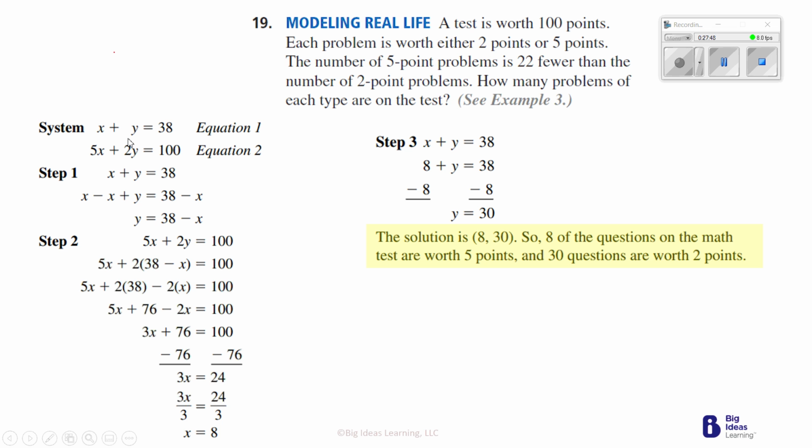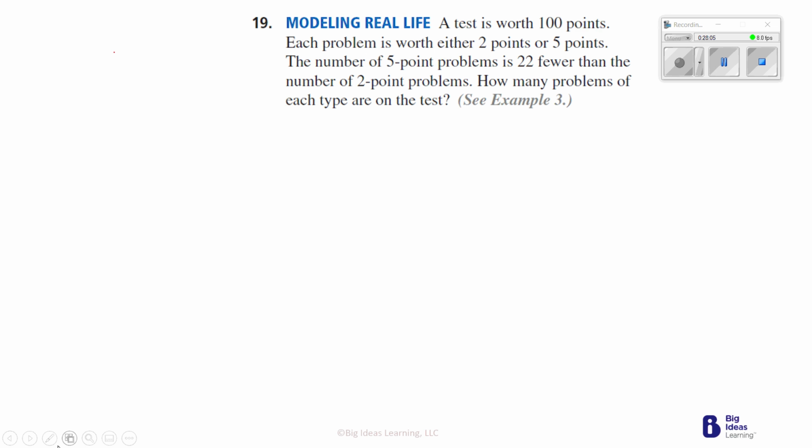There's no way to come up with x plus y equals 38. So what I'm going to do is show you how this was supposed to be done, because there's no way you would know this. If you could come up with this, you'd already have the answer. So I'm going to do something uncharacteristic here. I'm going to go against what this says, and I'm going to write out how you should do this.